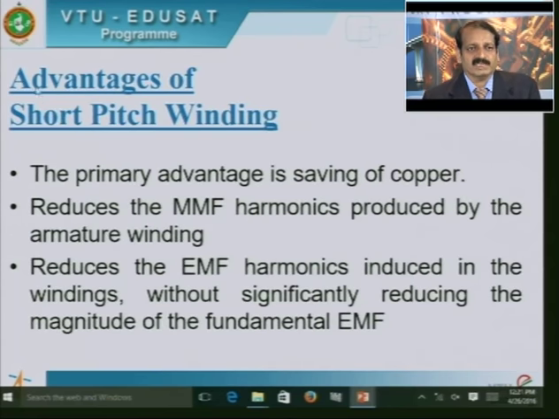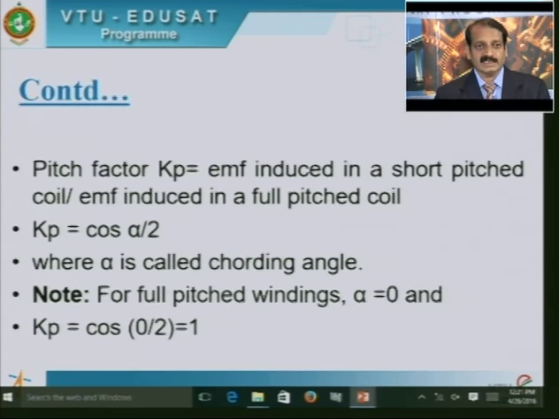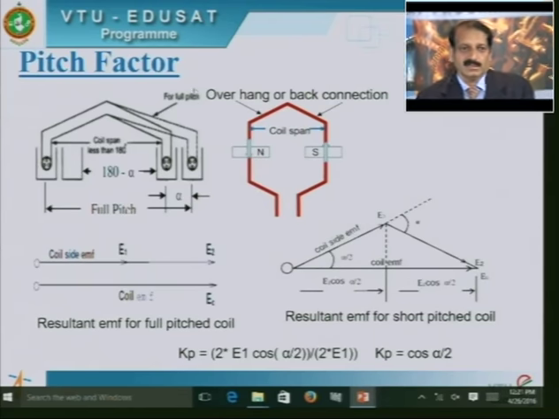Let us look at the advantages of short pitch winding. In the case of short pitch winding, the advantage is that we save copper in the winding. Let us see how exactly. Look here: for a full pitch coil the overhang length is more, and for a short pitch coil the overhang length is less, or the copper used for the back connection is less for a short pitched coil.